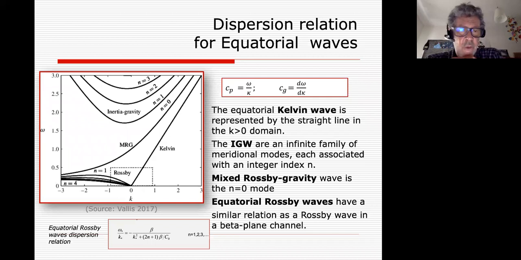For n equals zero, there is a particular case, which is called the mixed Rossby gravity wave or Yanai wave. Below this horizon, you have two kinds of waves: the Kelvin and the Rossby.